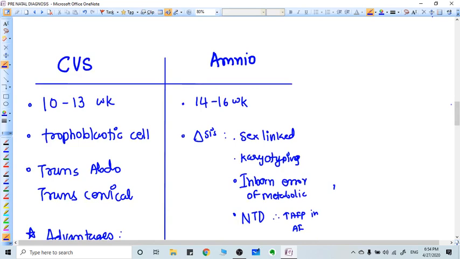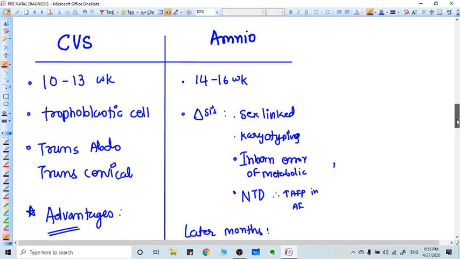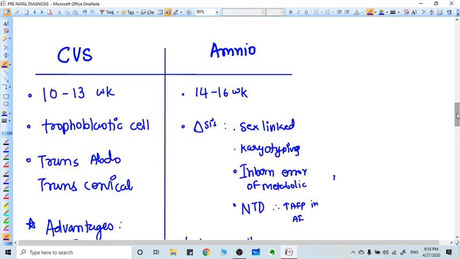Now we have shown here the two main modalities of getting fetal tissues. The one is chorionic villus sample, and the second is amniocentesis. We will just see and compare them. The chorionic villus sample should be done at 10 to 13 weeks. In chorionic villus sample, we get the villi tissue by using a needle.